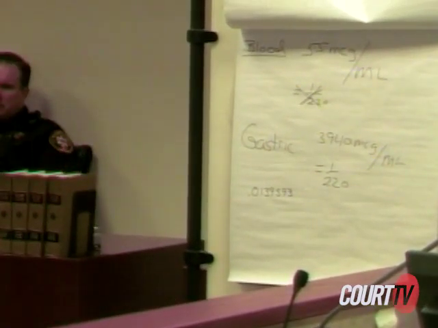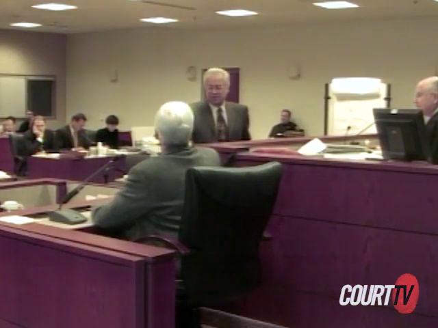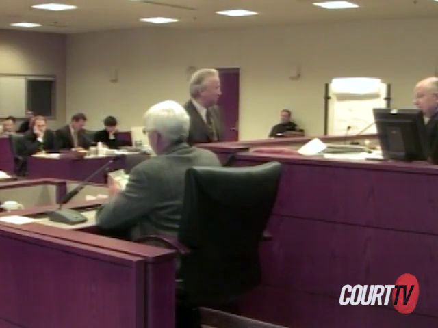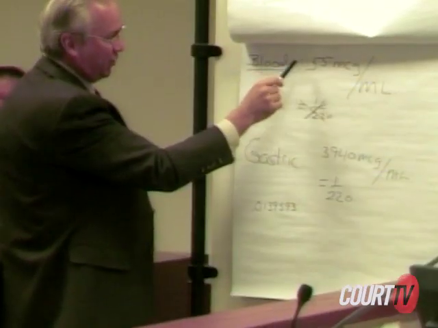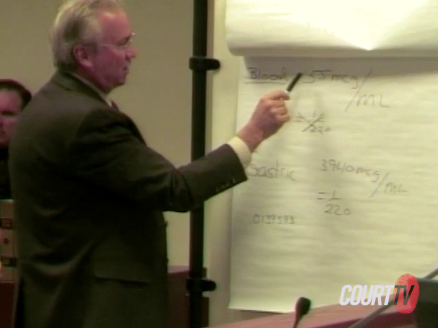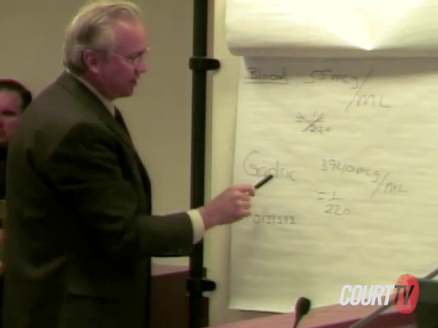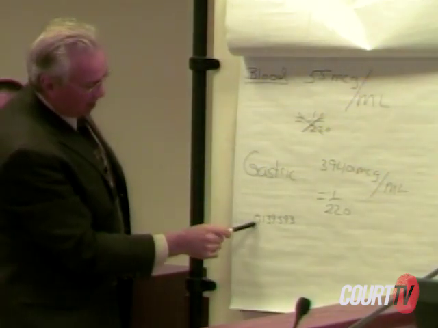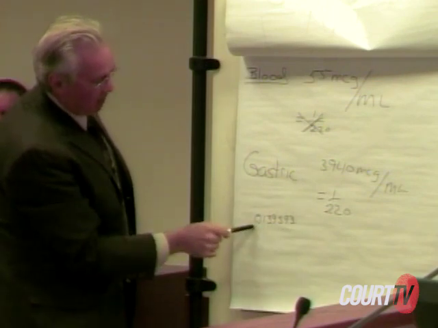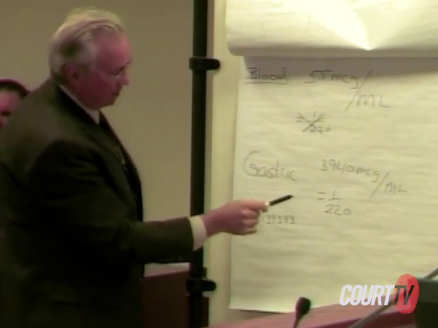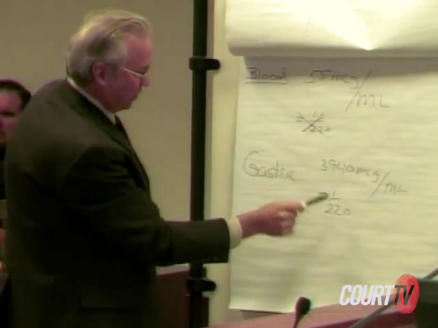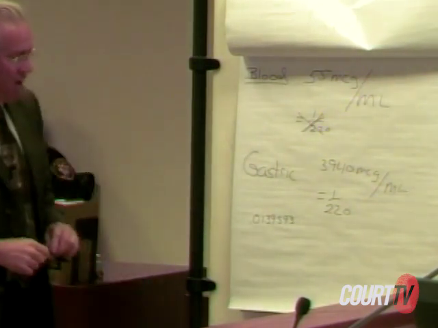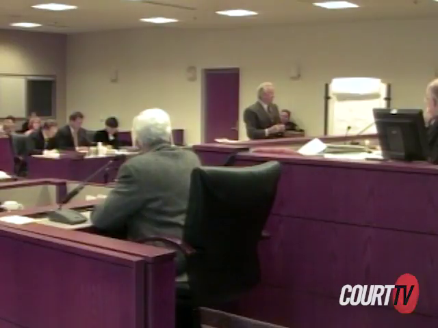Just to make sure that you agree with that description, that's what it comes out to, right? Yes, sir. So if you compare the amount in the blood to the amount in the gastric, the ratio is this amount. And then if you multiply that times 1/220, that's going to give you the comparative ratio between the two.